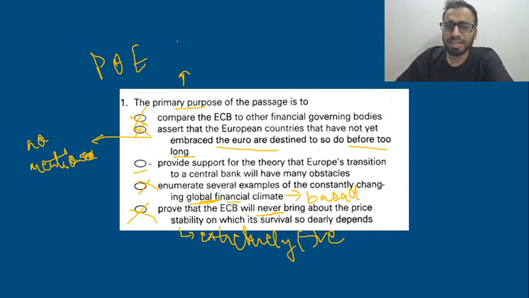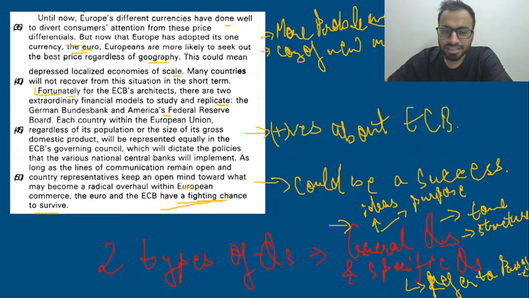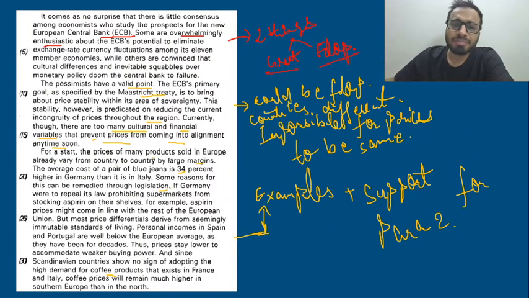Let me read it out and explain it to you. Provide support for the theory that Europe's transition to a central bank will have many obstacles. Yes, kind of makes sense, right? How did the writer begin the journey? The writer laid out the introduction. In the very first paragraph, the writer says this could either be great or it could be a flop.